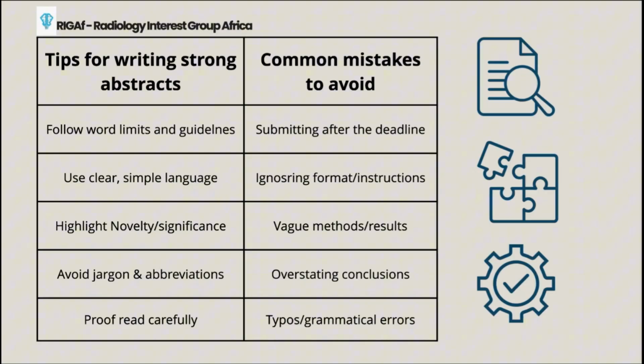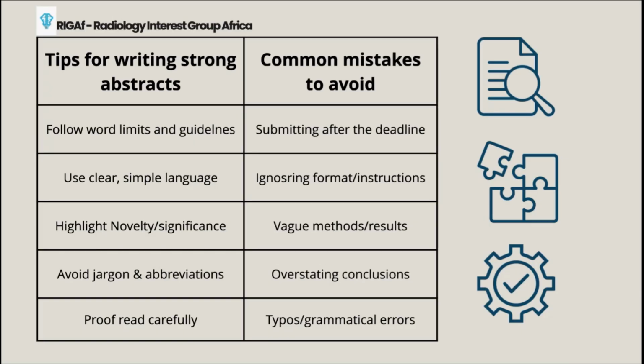It sounds basic, but a large number of abstracts are sometimes rejected simply because they didn't follow the guidelines. Beyond that, it's important that you keep your writing clear and simple. Highlight what's new about your work, and it's also important to proofread carefully as well.